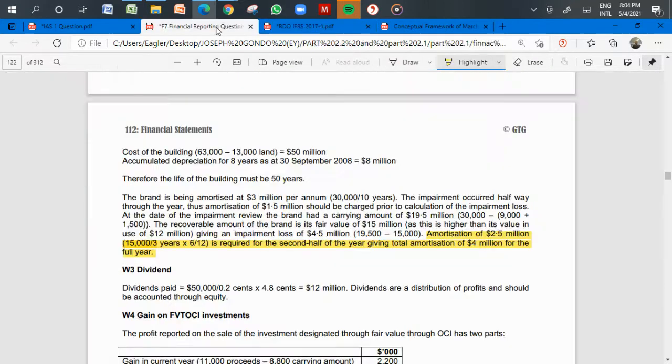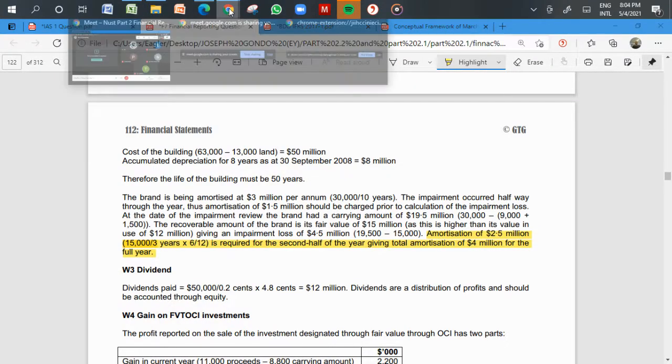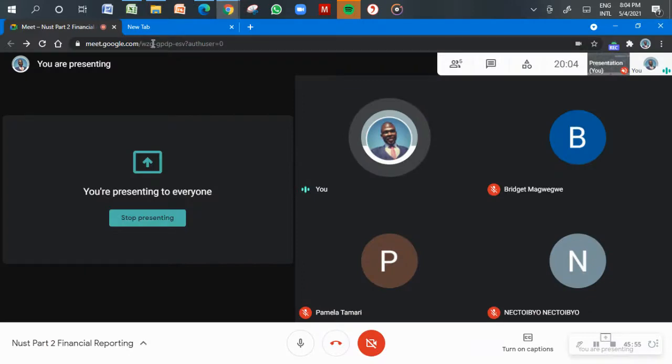Okay, before I actually say it out, I want one person to just give me the definition. What do you think is a current asset, Bridget? Do I have people in here? Okay. Yes, I am.